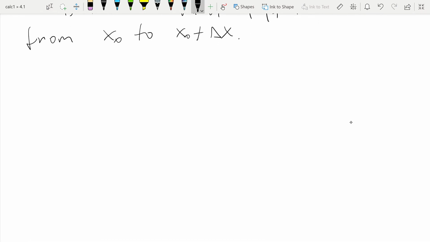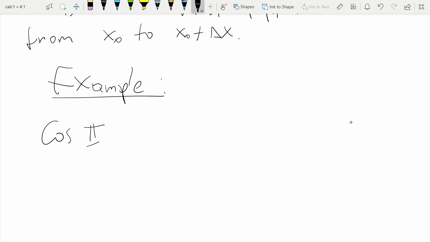So let's see an example. What is cosine of pi over 2 plus 0.1 approximately equal to?